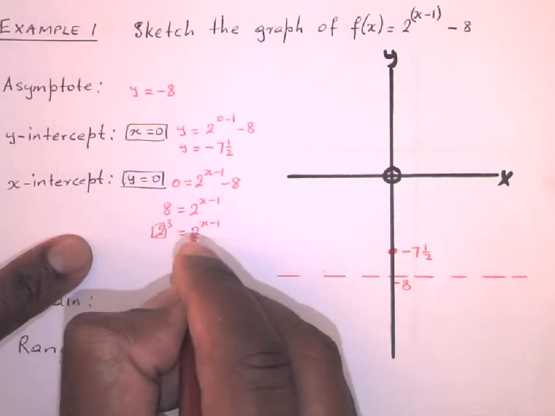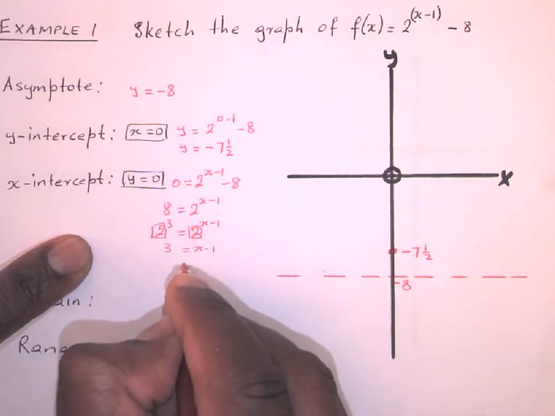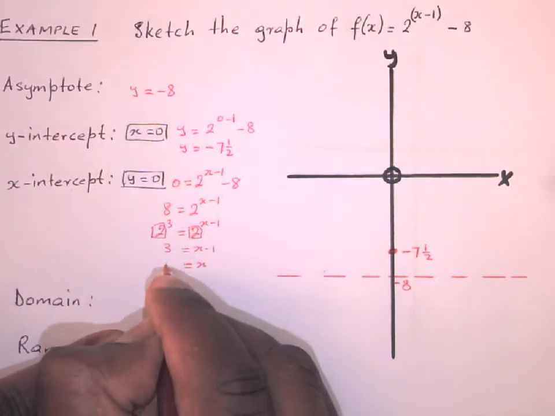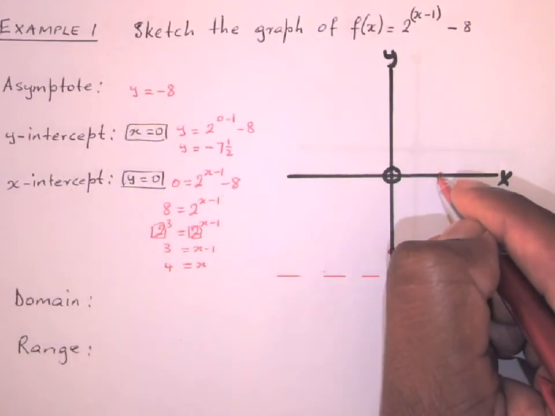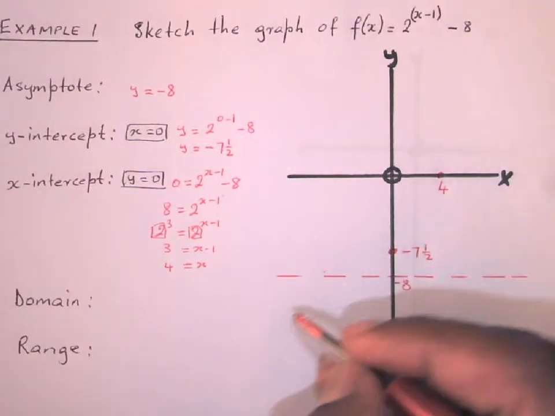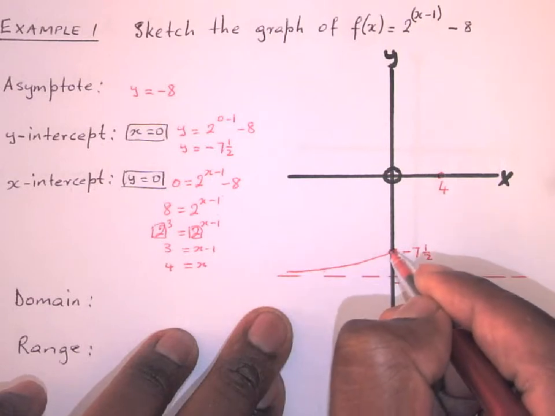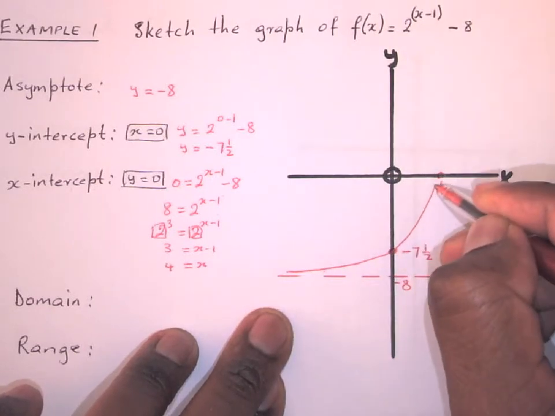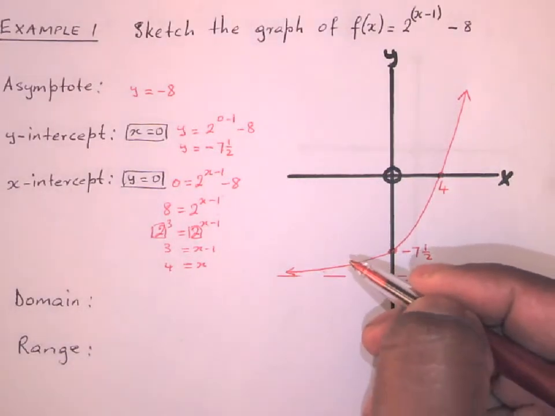I drop the bases, they are the same. So I've got 3 equals x minus 1. Solving for x, I get x equals 4. So the x-intercept is 4. The graph will be cutting at 4 over there. It is an increasing function, so our graph will be going up like that, all the way up. That's our sketch of the graph.